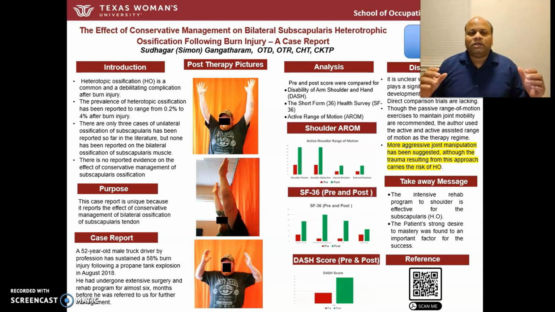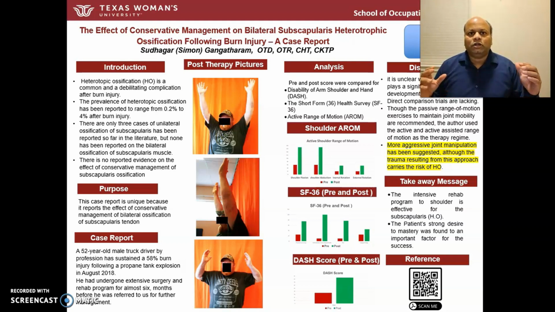But in this study, the patient underwent active and active-assisted shoulder rehabilitation. Some of the limitations of the study are that the results cannot be generalized because of the low sample size.